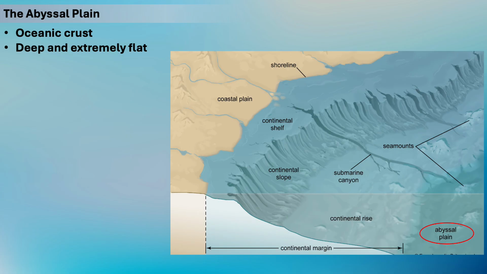Abyssal plains therefore represent stable, low-energy environments in the deep ocean. Their shape reflects both the nature of oceanic crust and the long-term processes of sediment transport and deposition that operate across entire ocean basins.